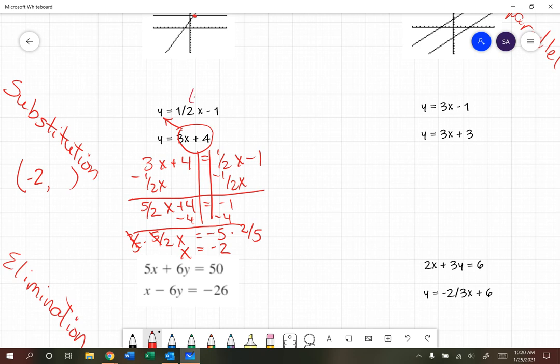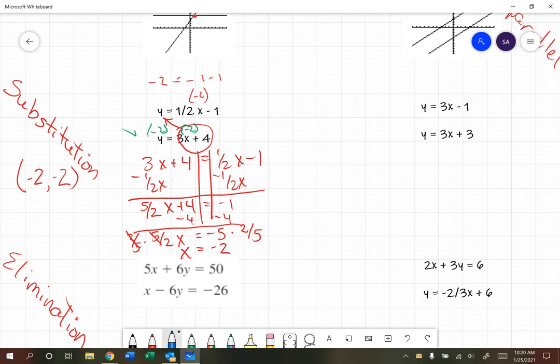And then I can plug -2 into one of my equations. 1/2 times -2 is -1. So -1 minus 1 is -2. And of course, we can always double check to make sure that -2 is a solution to the other equation. We have -6 plus 4 is -2. Yep, that checks out. So substitution.